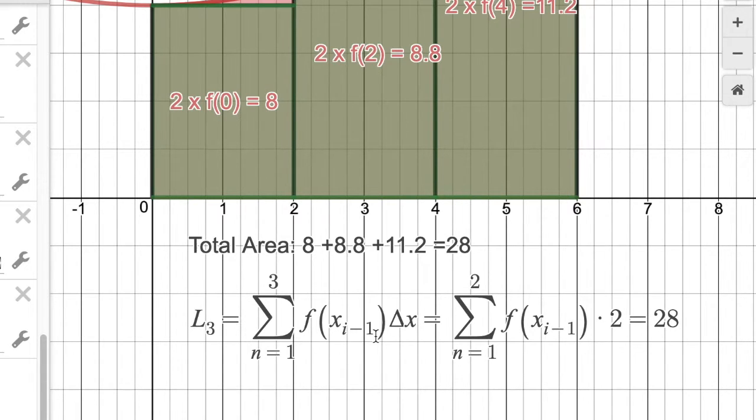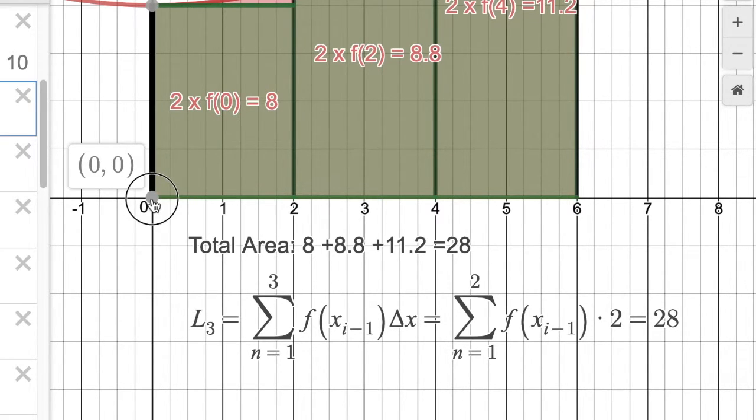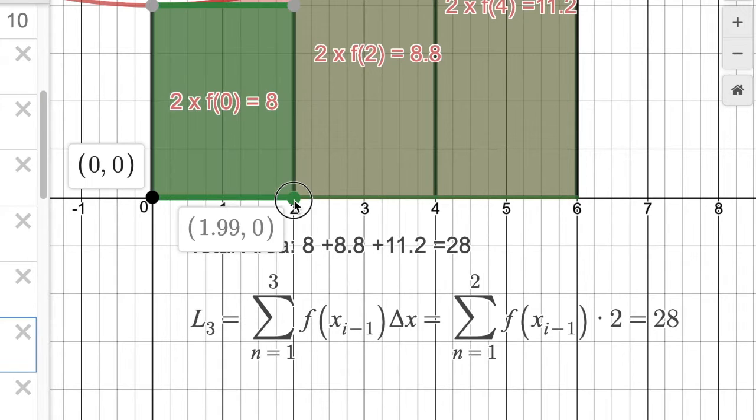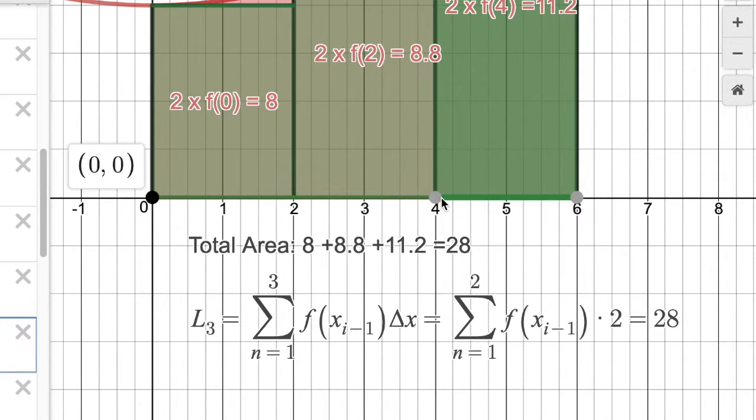Now I haven't said that yet, but the way that I label these, this one is x sub 0, this one would be x sub 1, this would be x sub 2, and this would be x sub 3. Okay, now we're not going to use all 4 of these in this one because we don't use the right endpoint. So we want our first one to be x sub 0, which is this one. I have one later on that's labeled, but this would be my x sub 0.